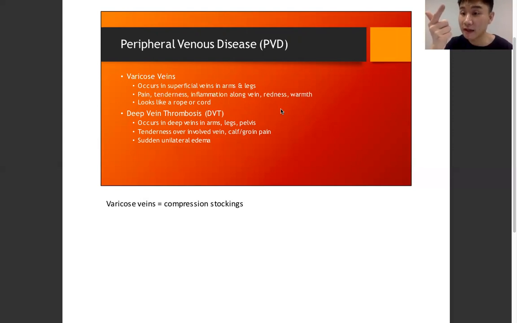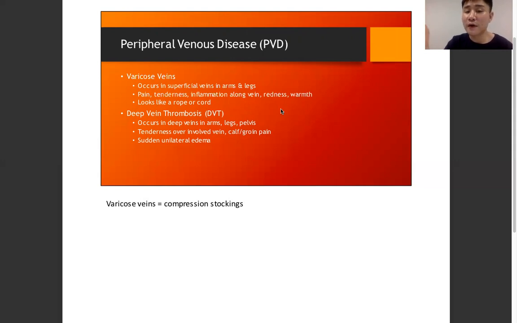In peripheral venous disease, the blood is literally pooling in the legs, and it's not able to go back to the heart. So it causes all these issues with backing up of the fluid and also causes clots. And that's why it leads to deep vein thrombosis.